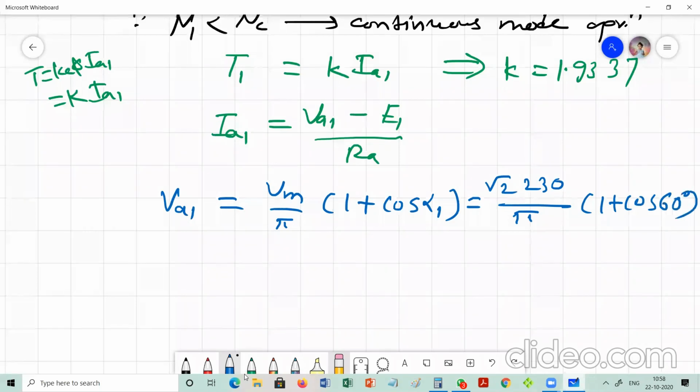When you solve this, you will get VA1 is equal to 155.3 volts.